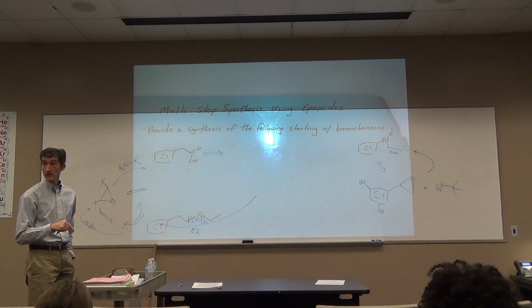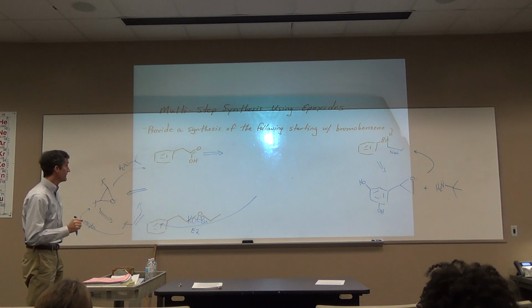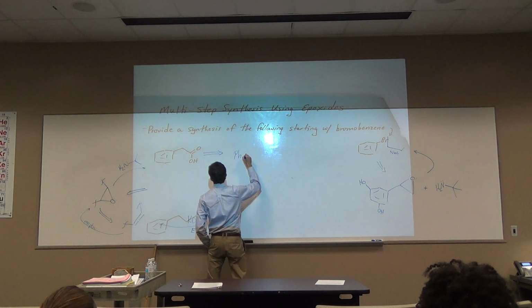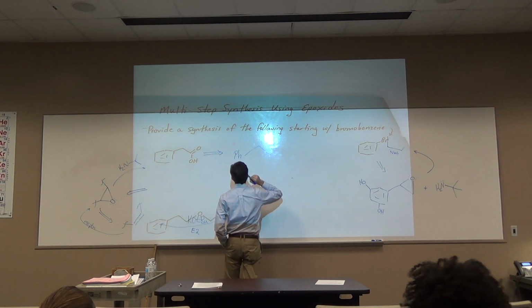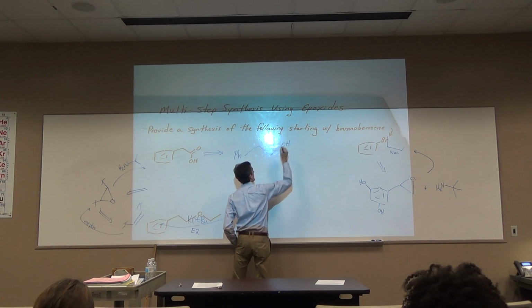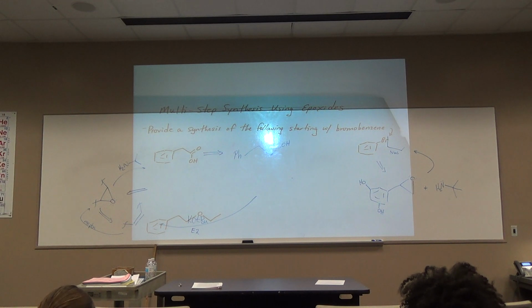I think it was on the quiz, right? Oxidation of the primary alcohol gives it, okay? So take this back to what? To that primary alcohol? Two carbons, benzene ring, two carbons, okay?